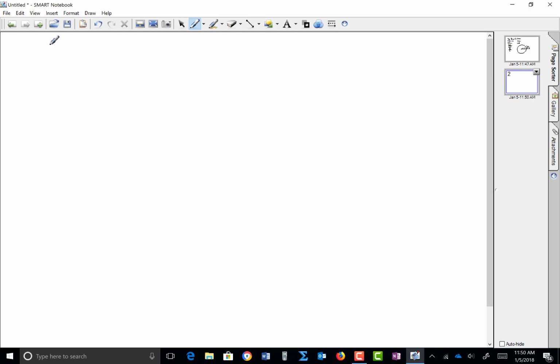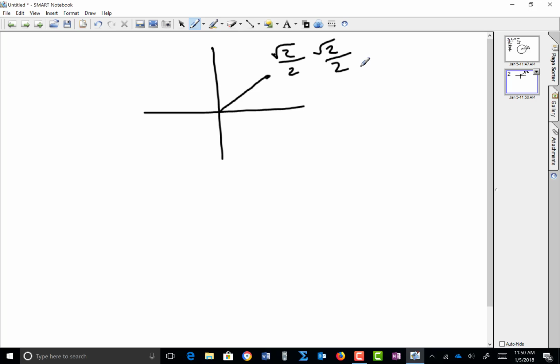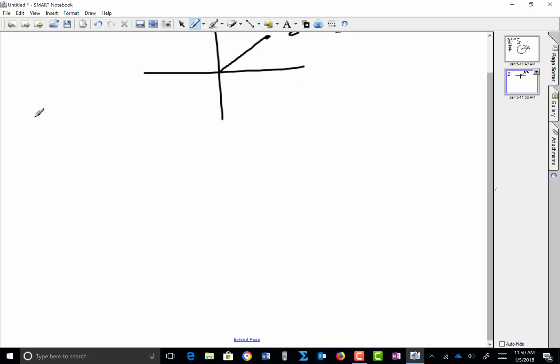Let's say on the unit circle, we had our 45 degrees, and remember it goes out and we have square root of 2 over 2 and square root of 2 over 2. So if we were going to find the 6 trig functions, sine of the 45 degrees, or pi over 4 in radians, is square root of 2 over 2, because that's the y value.